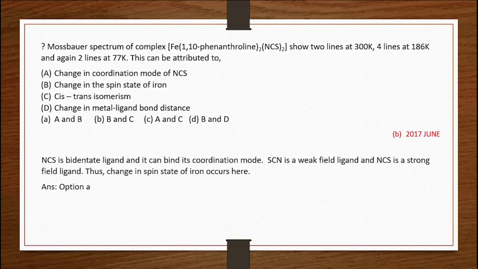SCN is a weak field ligand and NCS is a strong field ligand. So there will be a change in the spin, so the spin state also will be changing. This is the reason for getting different lines at different temperatures. So the change in the coordination mode of NCS and also the change in the spin state of the iron, A and B, are the options for this change in the number of lines. So option A is the right answer.